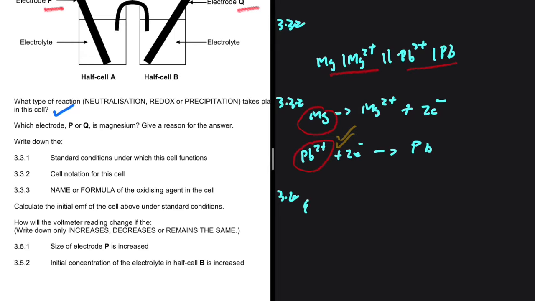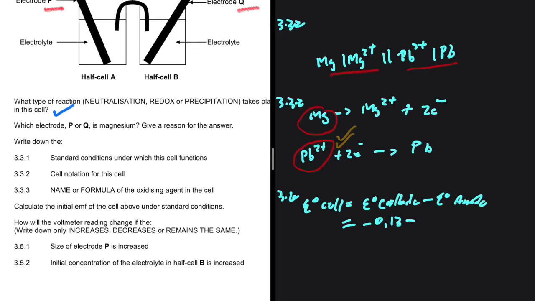The following question, 3.4, we're supposed to calculate the EMF of the cell above under standard conditions. Right, the EMF of the above cell will be equals to the standard reduction potential of the cathode minus the standard reduction potential of the anode. At the cathode, we have lead, and the lead has a standard reduction potential of minus 0.13 minus the standard reduction potential at the anode.